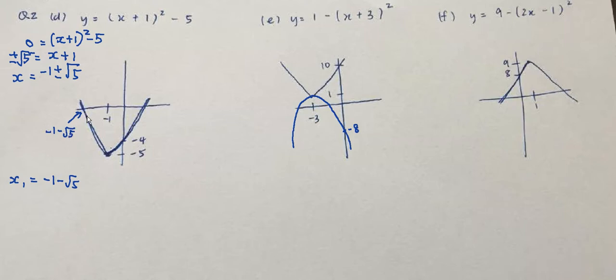In this case, teacher just lets you understand the significance of the two x-intercepts and how you obtain them by putting y equal to 0. Now your x2 is minus 1 plus square root 5. This is the bigger value, so it has to be here.